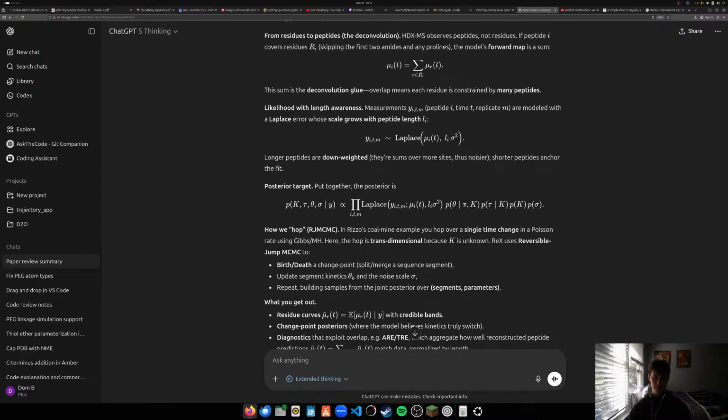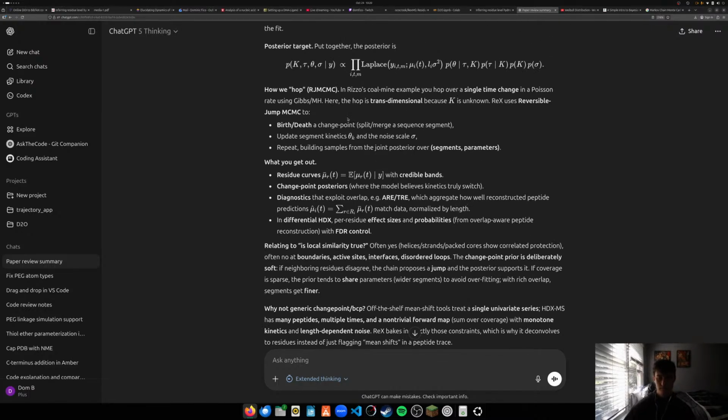Now we hop. You hop over a single time change in a Poisson rate. Here the hop is transdimensional because k is unknown. Reversible jump: birth or death of a change point. Update sigma and kinetics. Repeat, building samples.